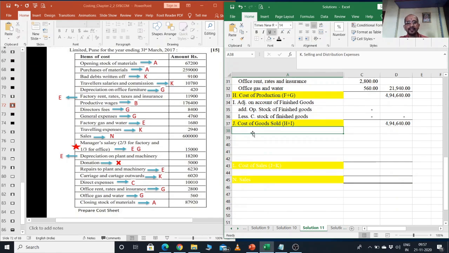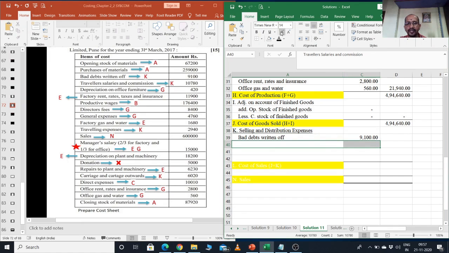Next items are selling and distribution expenditure. Now we need to see the K items. First is bad debts written off, here 9,100. Next item is traveler salaries and commission, 10,780.